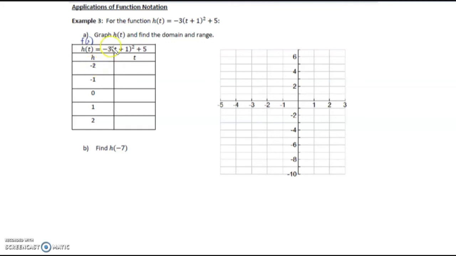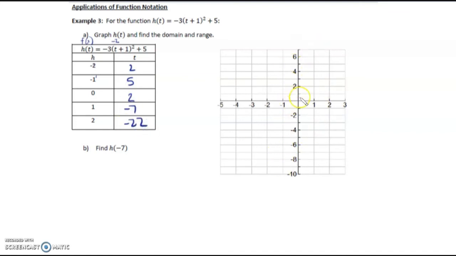So we're going to sub the -2 into the t, and then the -1, and then the 0, and then the 1, and then the 2. What we get for that is 2, 5, 2, -7, -22.